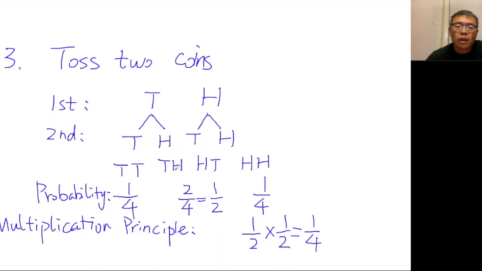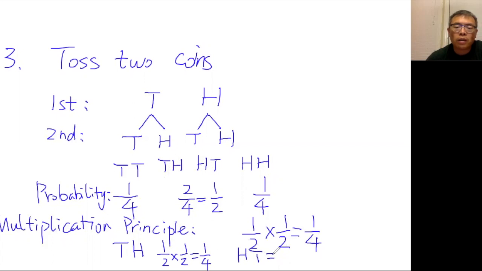Again, for this case, you have a tail and a head, and you have to consider the two possibilities. The first toss is a tail, and then the second toss is a head, and each one of these has probability 1/2. So it's 1/2 times 1/2 equals 1/4. The second possibility is you get a head in the first toss, and then in the second toss, you get a tail.